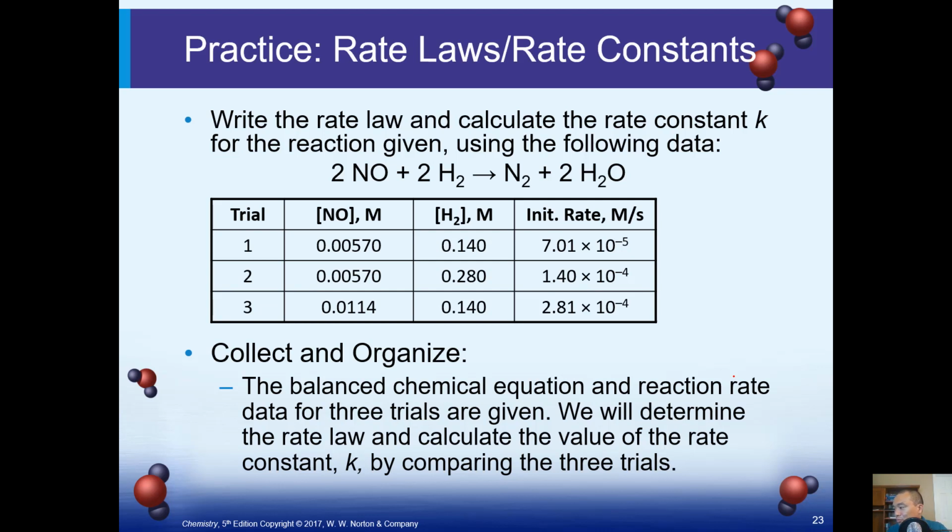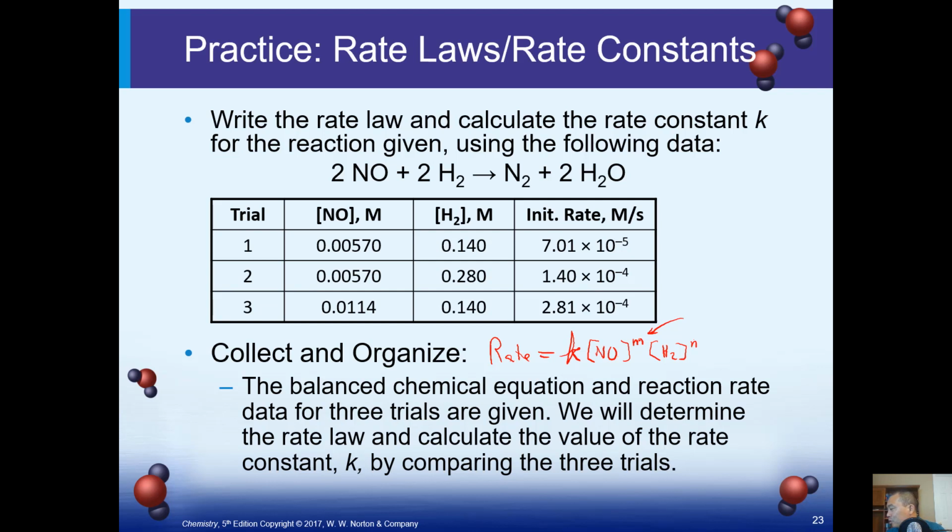When we want to determine the rate law, the generic rate law is rate equals the rate constant times NO raised to M and H2 raised to N. To determine M, we will need to make sure the NO concentration is changing while the H2 concentration is kept constant.